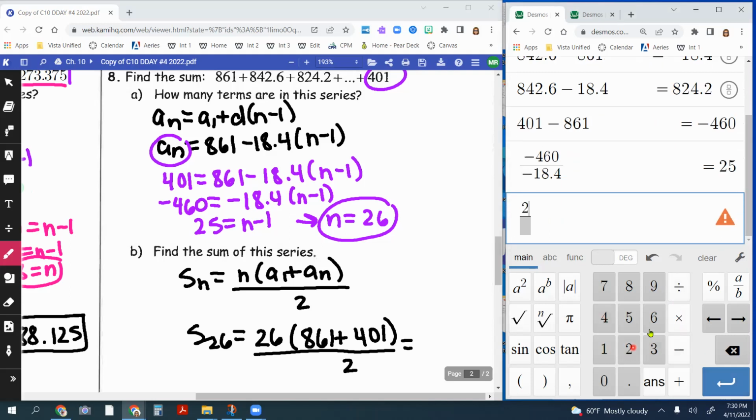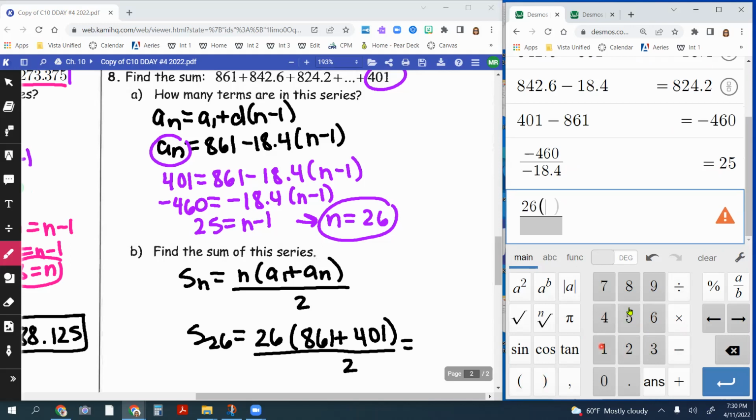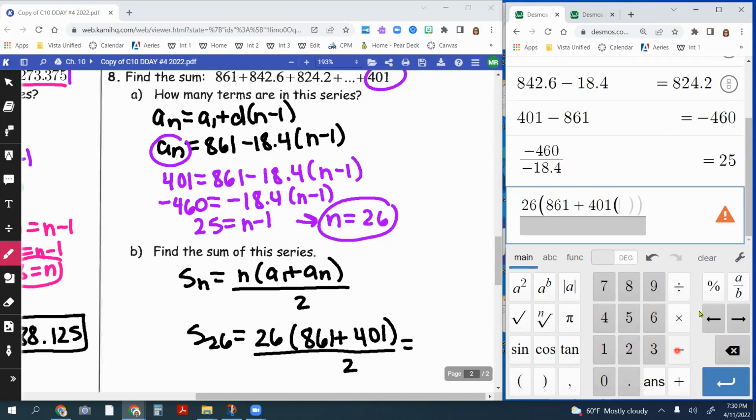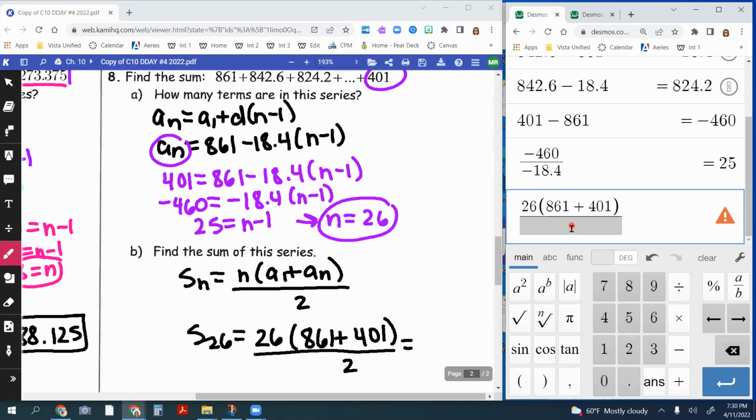And I end up with 26 times the quantity 861 plus 401, divided by 2. And I ended up with 16,406.